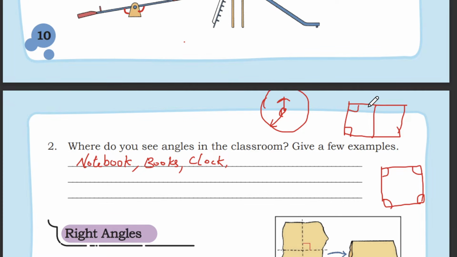Here 1, 3, 4, 5, 6, 7, 8. So we'll have them in windows, doors, school doors, then you will have them in your eraser, where else can you see them?